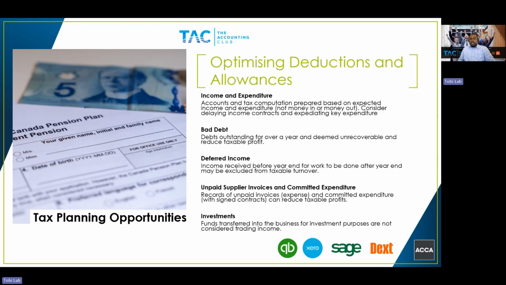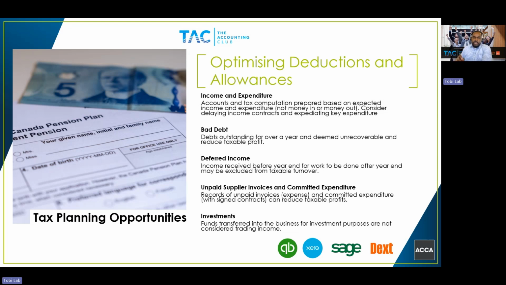So as an example, if I have a piece of work that I started in December, but I didn't invoice for that, I'm not going to send an invoice in January, February, March. I need to include the value of that work in December because I started the work in December. So the value of work that I started in December, I need to include it in the accounts, even though I'm going to invoice for that later.